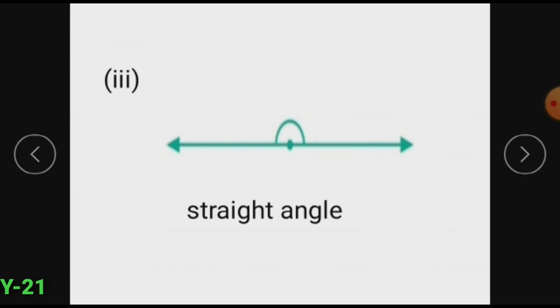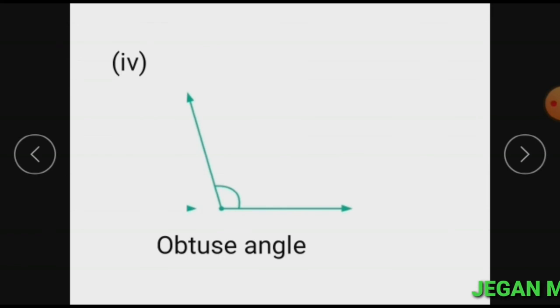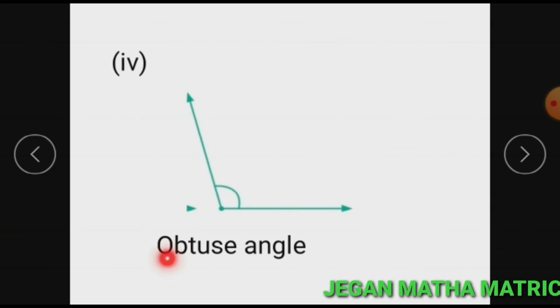The angle of a straight line is a straight angle, which is equal to 180 degrees. Question number 4. The angle of the given figure is greater than 90 degrees, so the angle is an obtuse angle.